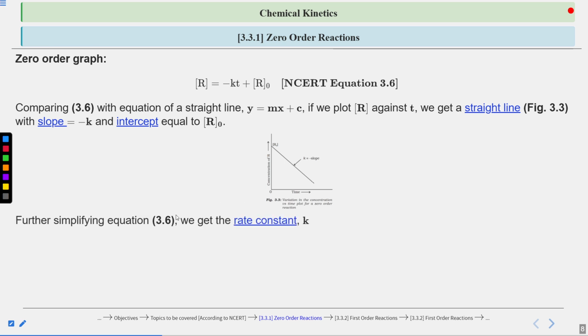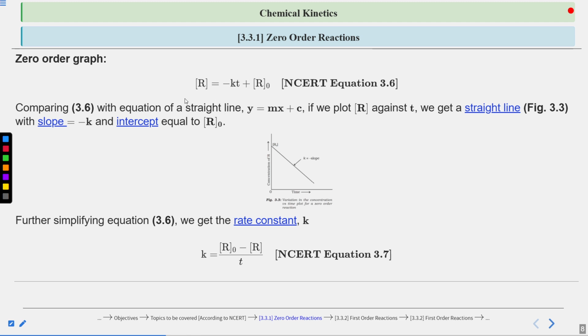Further simplifying equation 3.6, we get the rate constant k. So k is equal to, when you simplify this to get the equation of the rate constant, R naught will go to the other side as negative, R minus R naught, and t will go in the denominator, divided by t.